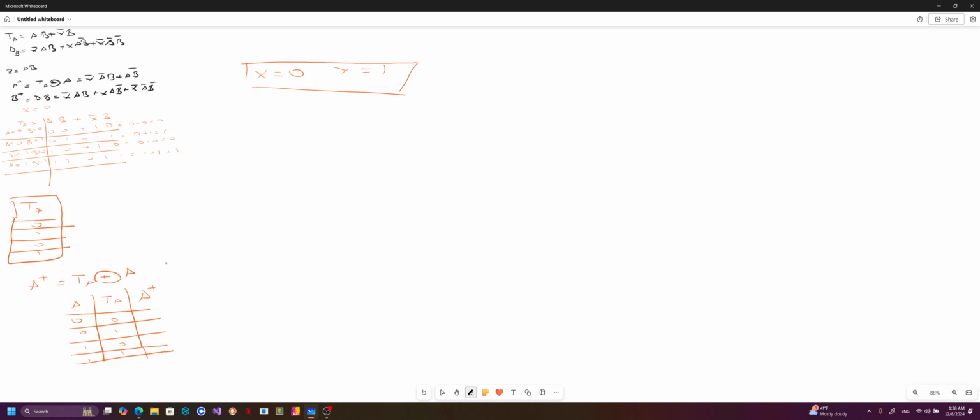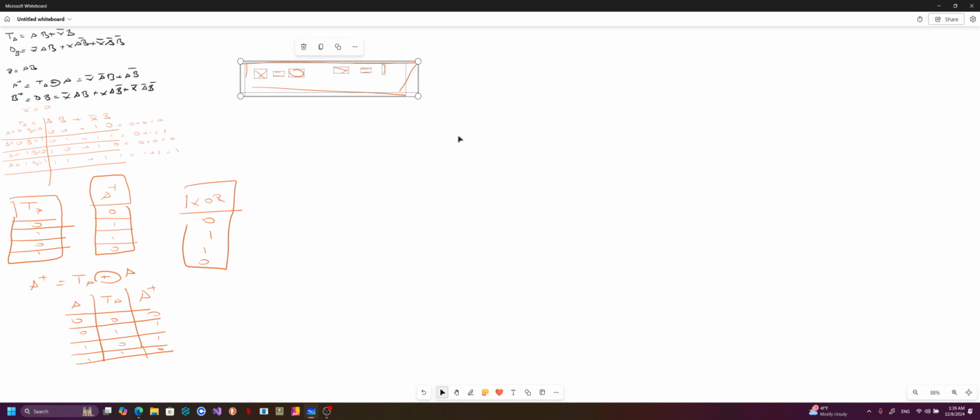The exclusive OR table, XOR, is 0, 1, 1, 0. So 0, 0 is 0; 0, 1 is 1; 1, 0 is 1; 1, 1 is 0. So we have the table for A plus, which is going to be the following: 0, 1, 1, 0.